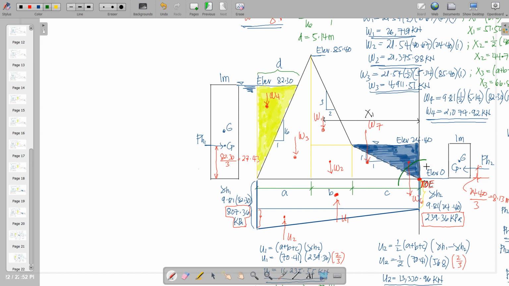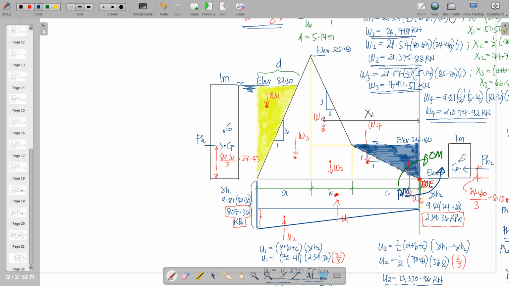Of course, the overturning moment will be in this direction, while your righting moment will be in this direction. So the righting moment tends to contradict the overturning moment.